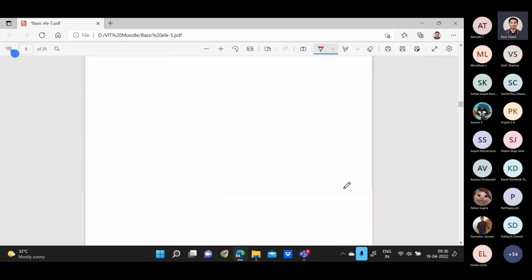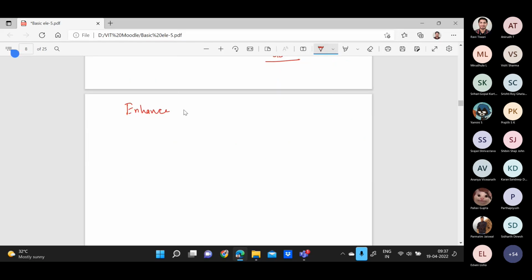Okay. The equation that we use for the enhancement mode and for the depletion mode is different.